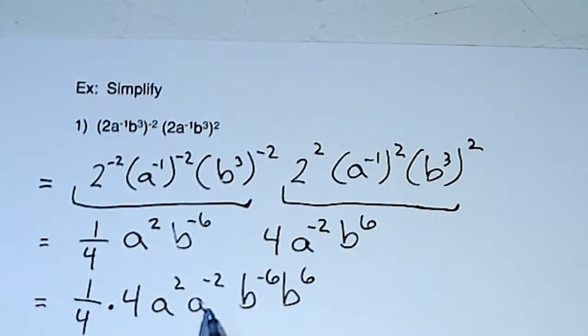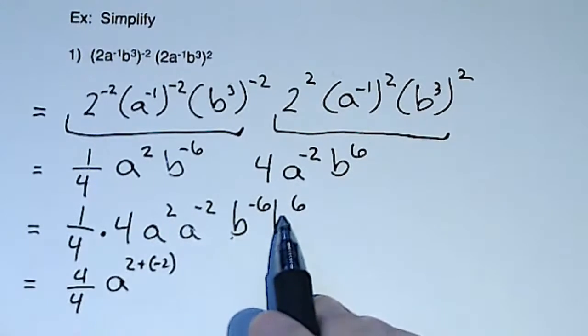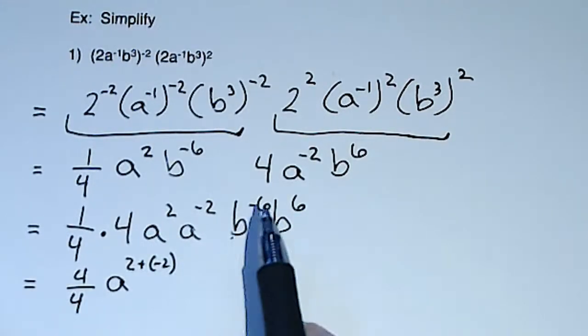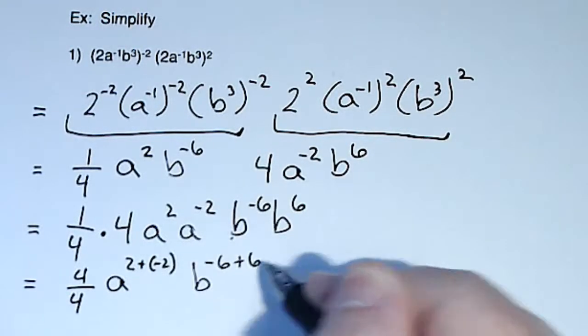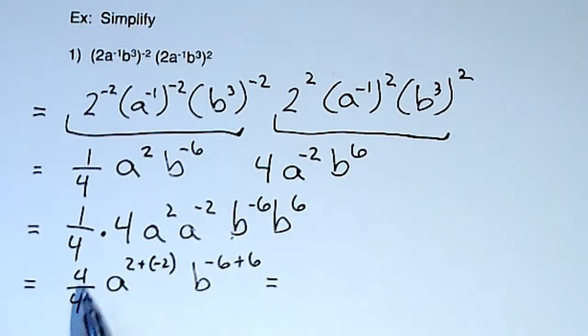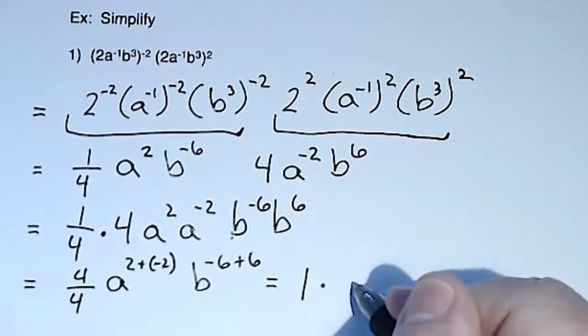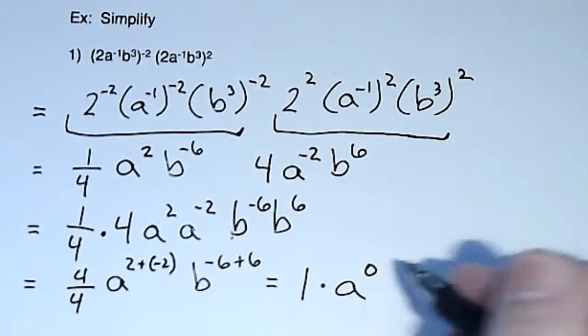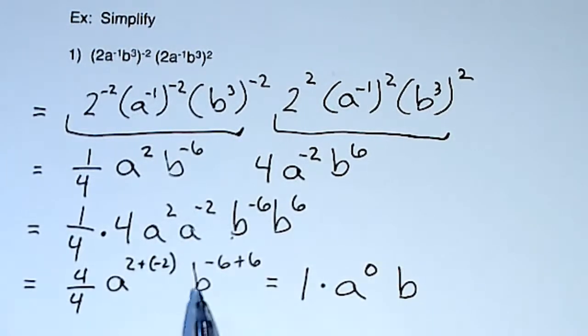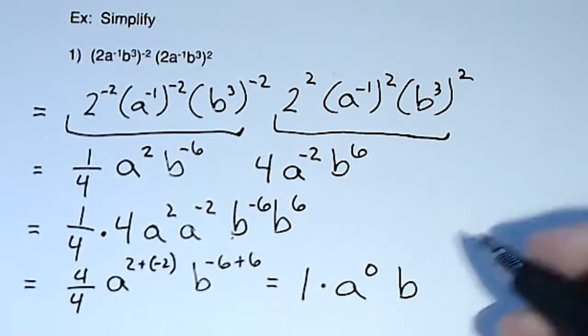A squared times a to the -2 is a to the 2 plus -2. B to the -6 times b to the 6th is b to the -6 plus 6. Sorry, I ran off the side of the road. So 4 over 4 is 1, a to the 2 plus -2 is 0, and b to the -6 plus 6 is 0.